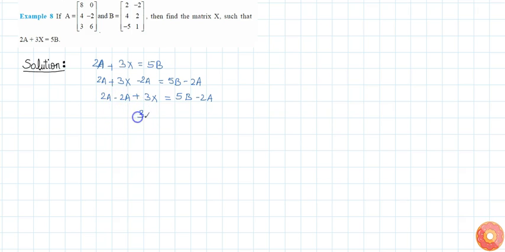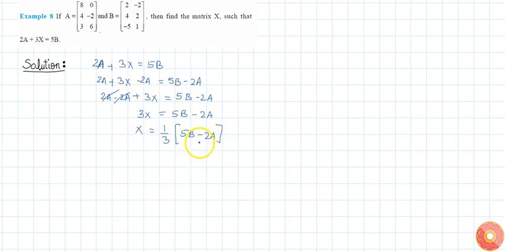We get 3X is equal to 5B minus 2A, which means X is equal to 1/3 of 5B minus 2A.